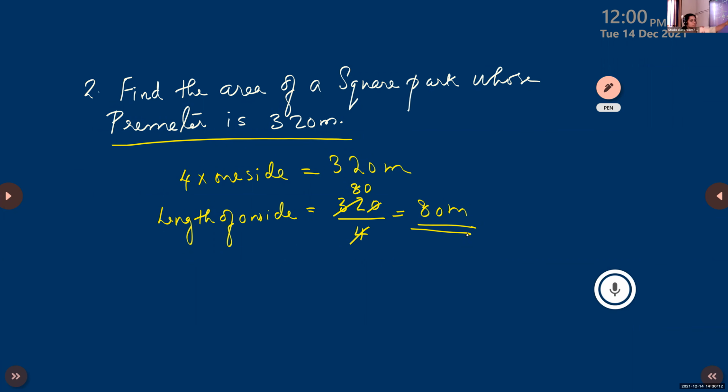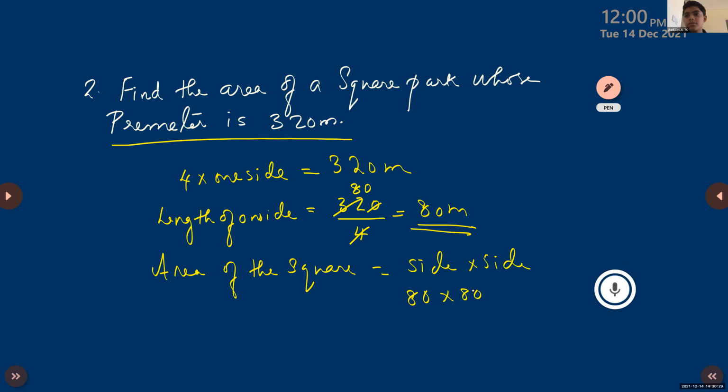So Adi Dev, can you tell me what is the area of the square now? One side is 80. So area of the square will be what? Side into side. So answer is 80 into 80. What is that?